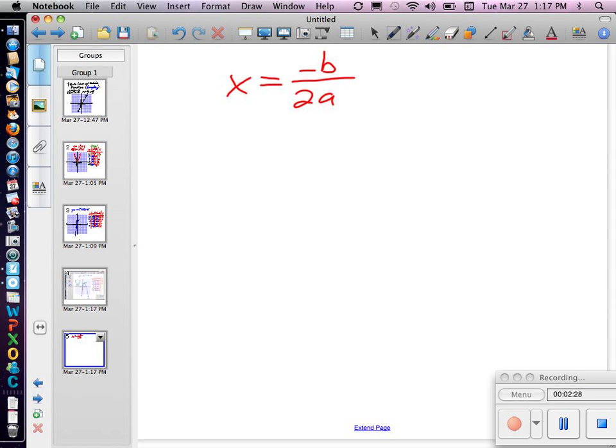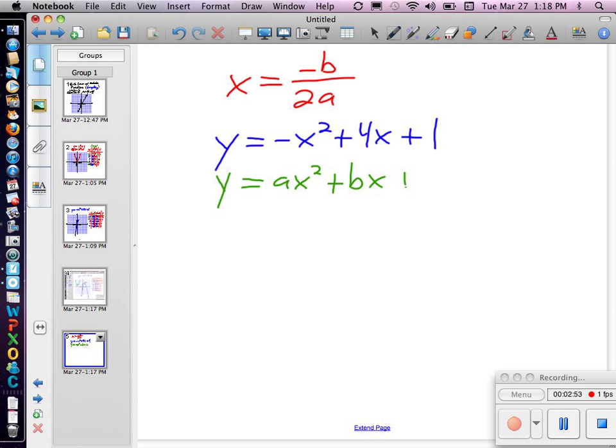So if we go back to our last problem, again, it was -x squared plus 4x plus 1. Remember, just like when we learned previously, that form for quadratic is y equals ax squared plus bx plus c. And so we get this b and a from that form that we learned months ago. All right, so let's plug it into the new equation we have.